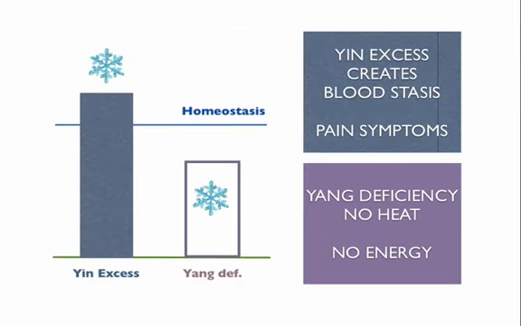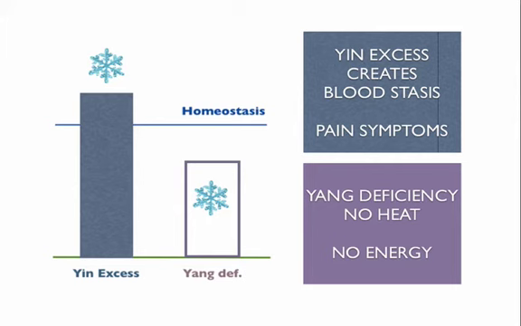So homeostasis is the line where basically everything is in balance and the person is super duper rocking healthy. If we have excess yin, so above the line, too much cold in our body, then we're out of balance. If we have not enough fire in the body, a yang deficiency, we also feel cold. So we have to figure out, how do we know the difference?